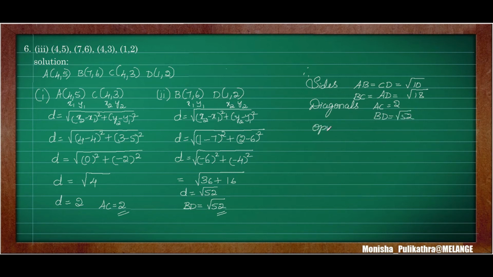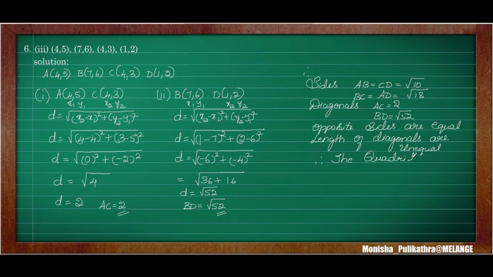Here opposite sides are equal and the length of diagonals are unequal. So therefore the quadrilateral is a parallelogram.